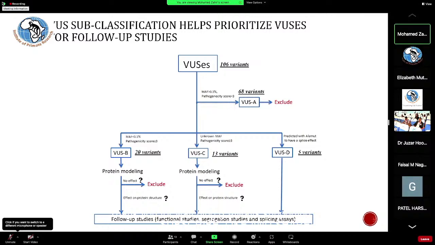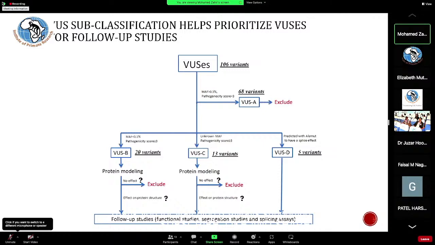So it is very important to understand the context of the variant in terms of how it affects protein modeling, or how it affects the hydrophilic and hydrophobic bonds that make up the stoichiometric chemistry of these bonds in the protein models. So we identified some of the variants that we wanted to follow up either using protein modeling or using a splicing assay with mini-gene assays.